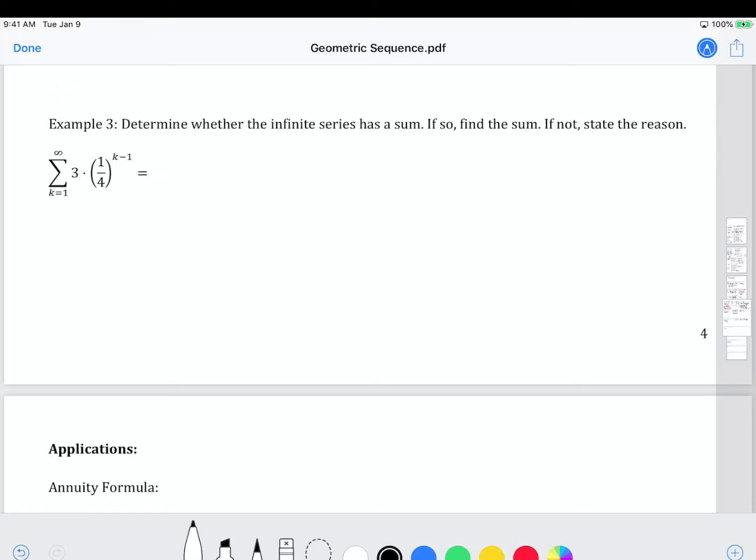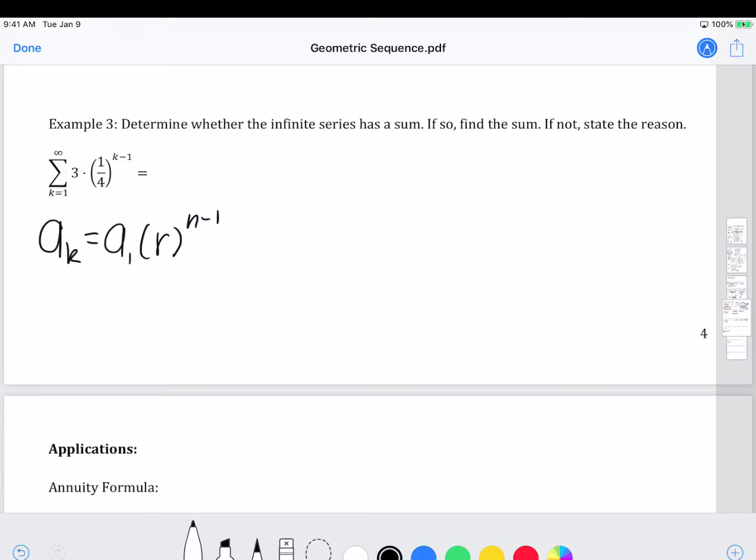Looking at example 3, it says determine whether the infinite series has a sum. If so, find the sum. Notice in this example, they're using k's instead of n's, which is fine. It's just a different letter. So the kth term is going to be a1 times r to the n minus 1.